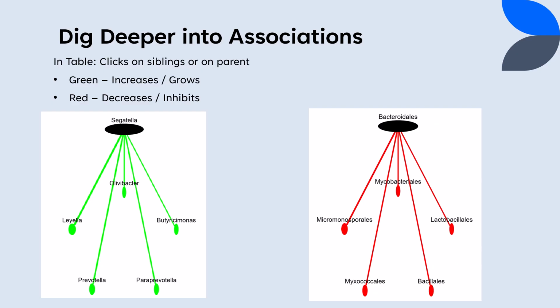So we can click on the siblings and see what impacts the siblings, so you can start wandering across the whole microbiome, and you'll find that the items are shown in green or in red, as in the statistically you get an R squared of over 0.2, which is my threshold.